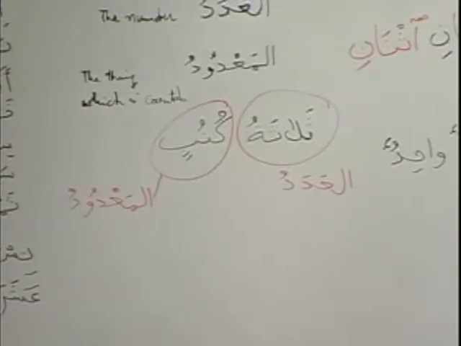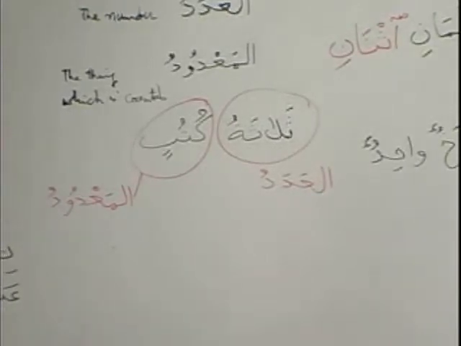But now, in this thalathatu kutubin, which is mudaf ilayhi. Brother, what is thalathatu? Is the number. Al-adadu. Sahi? Number. And what is al-kutubin? Ma'dud. What is ma'dud? The thing which is being counted. Adad wa ma'dud. Al-adadu wal ma'dud. Adad, number, and ma'dud is the thing which is being counted.